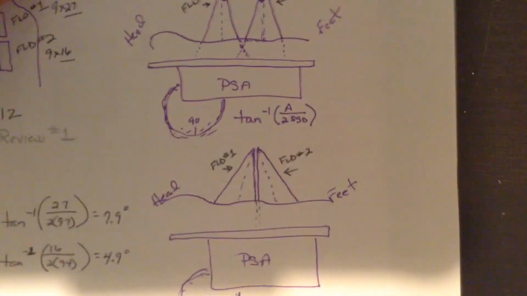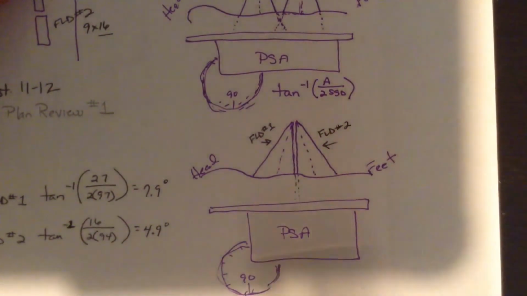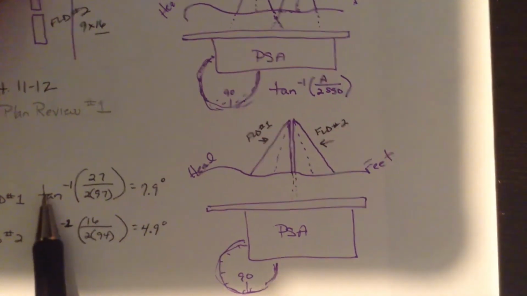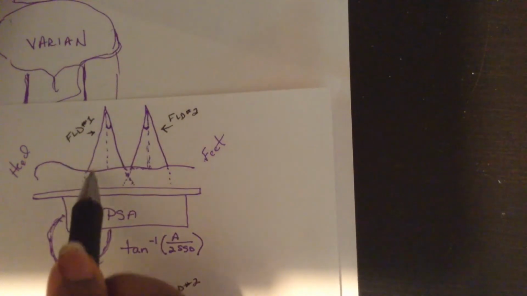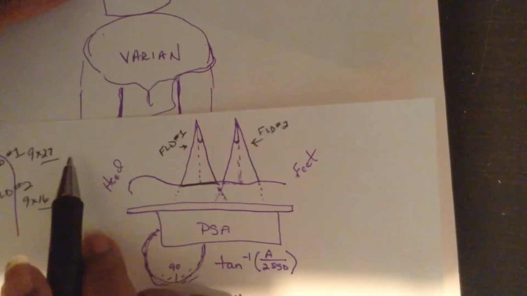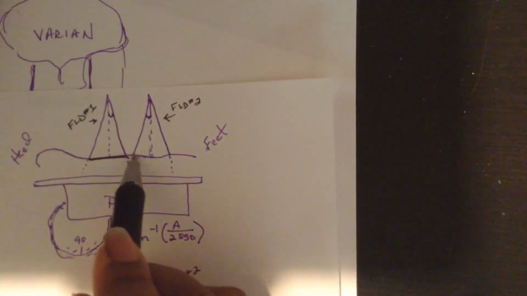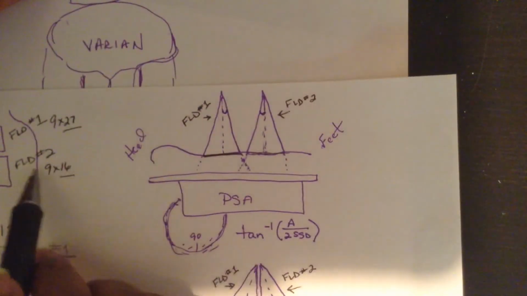So we're going to take that formula, and we're going to take each field separately, because the angle of divergence is going to be different for this field and that field. This field has a different length. This field is 27 cm long, and this field is just 16 cm long, right?